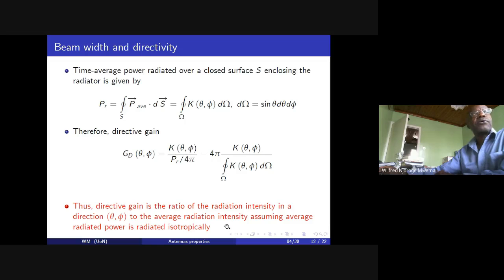That is, we could treat the sun as a radiator or a point source, which is radiating equally in all directions, but the only direction of interest, say if we are designing a solar panel, a solar power system, the only useful radiation from the sun is what will be coming in the direction of your solar panel.